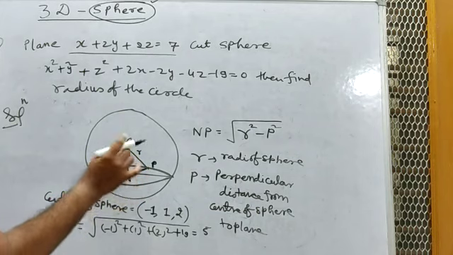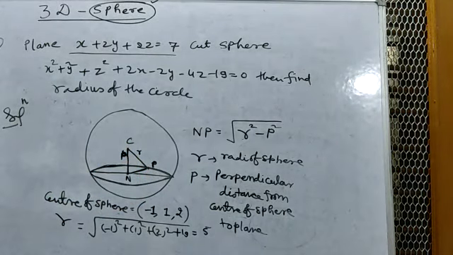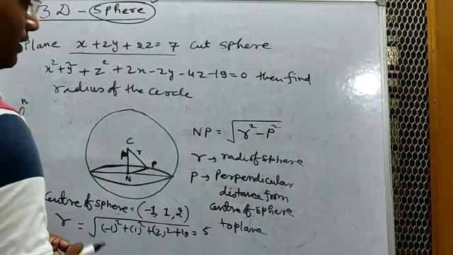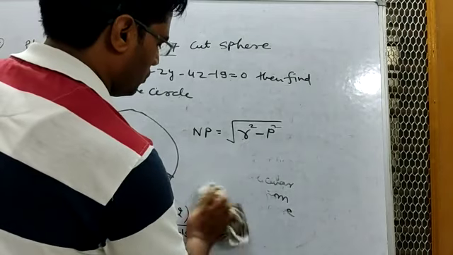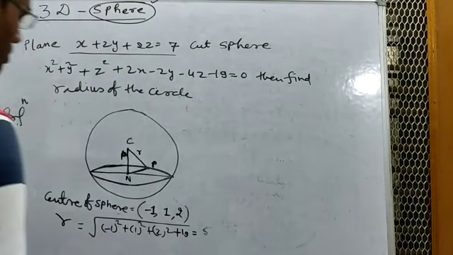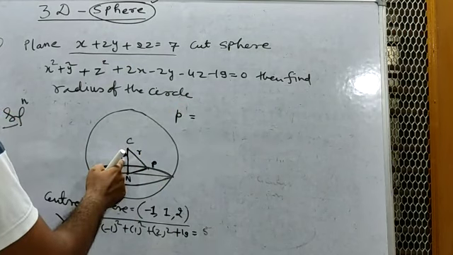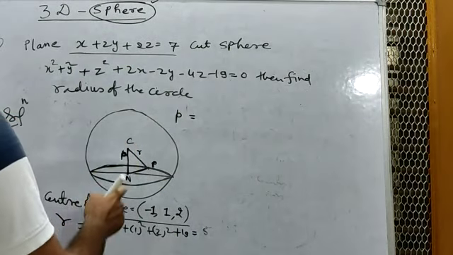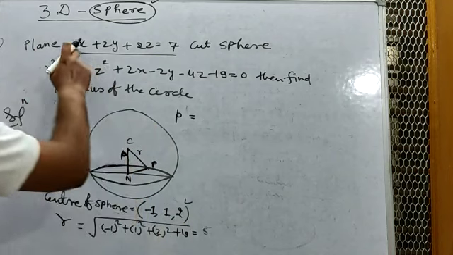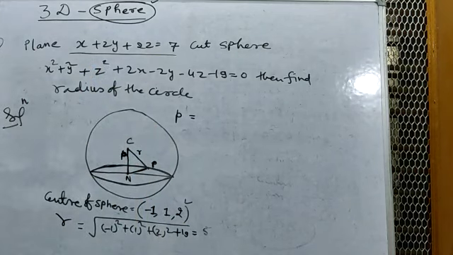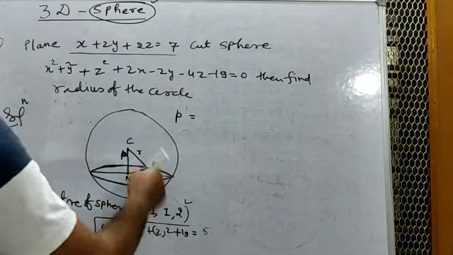P is the perpendicular distance from the center to the given plane. So now friends, we are going to find the value of P. What will be P?